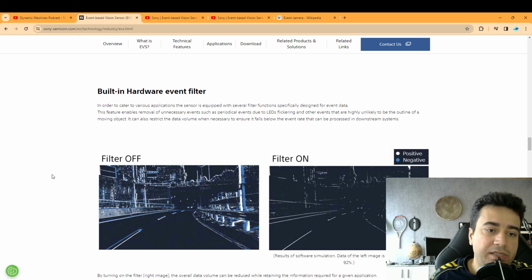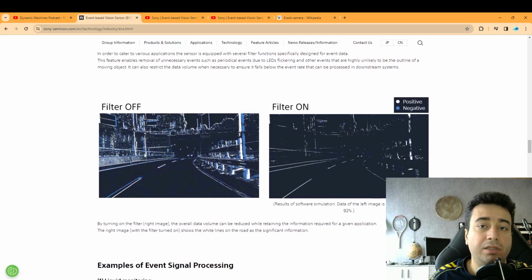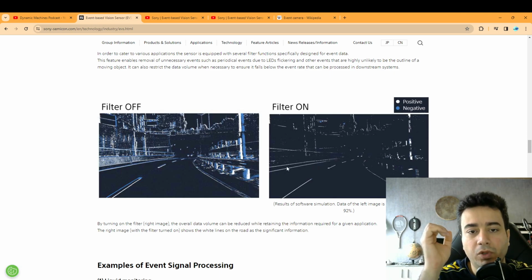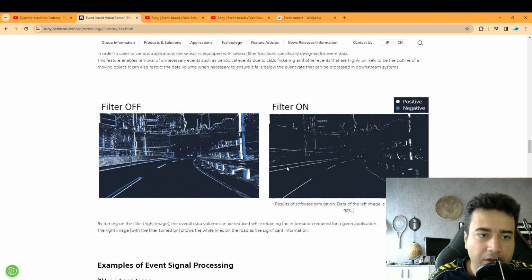As you see in the left picture, it is taken by an event camera. You will see a lot of noise, I would say, in the image. But if you put on the filter, you will see that those events are much clearer. I'm very surprised. I don't know if you can see that here, but this looks like an autobahn to me. If this is the guardrails of the autobahn, from the left side I cannot really see or detect any object.